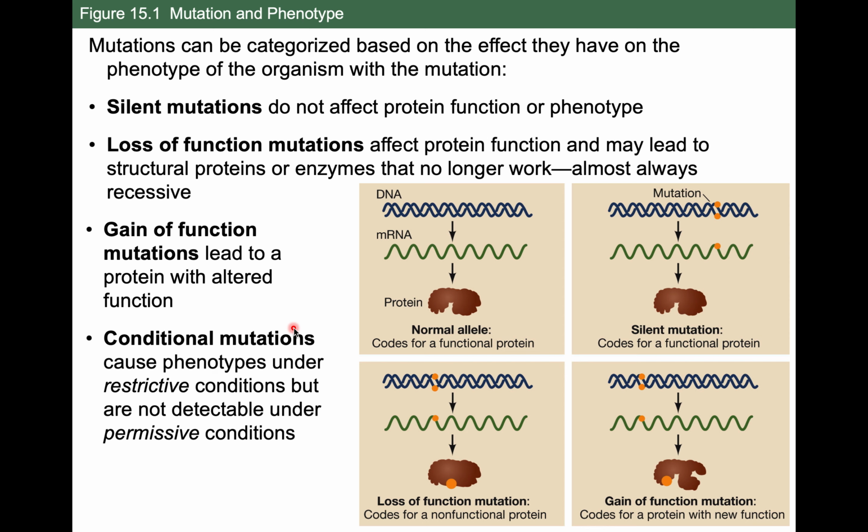All right, so let's talk about some of the different ways we could group or categorize mutations. I wanted to start with grouping them based on what the outcome is of that mutation in terms of the protein function in the cell. So really what we're talking about here is mutations that are occurring in genes.